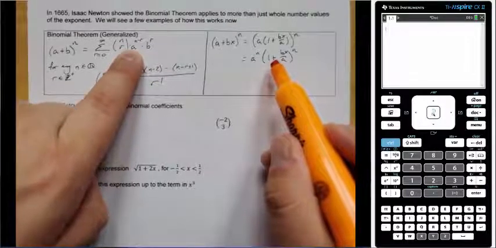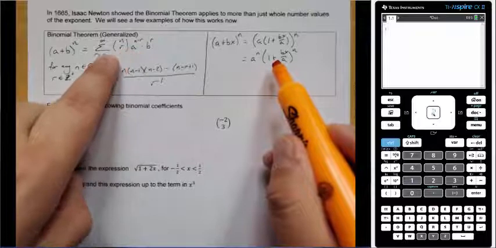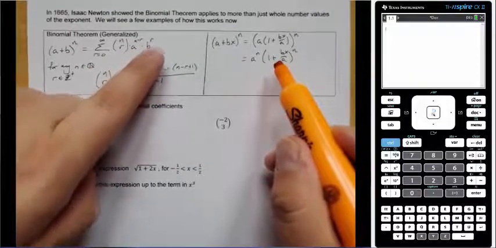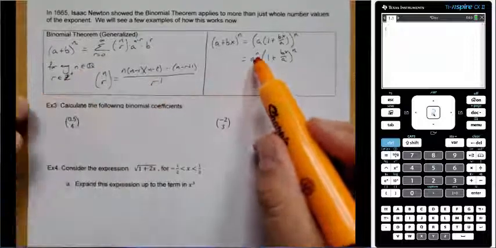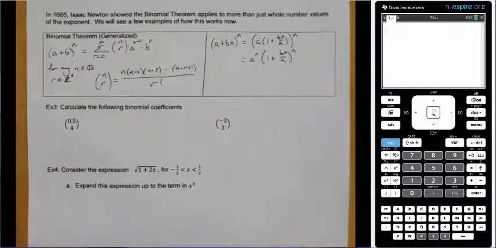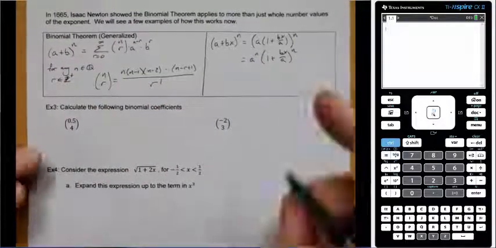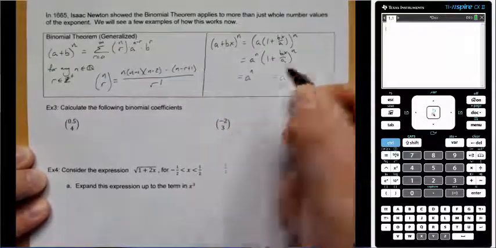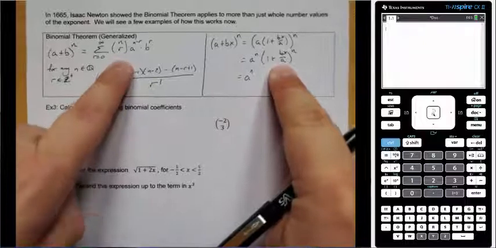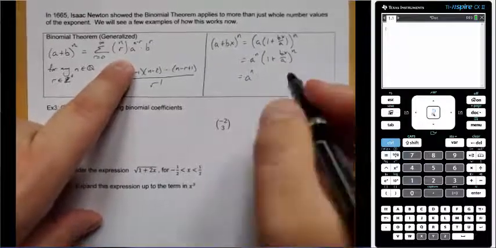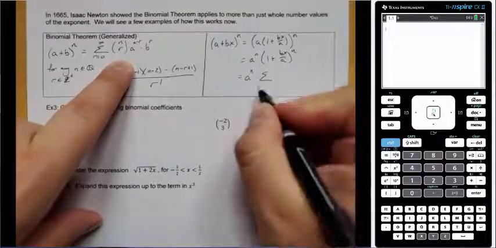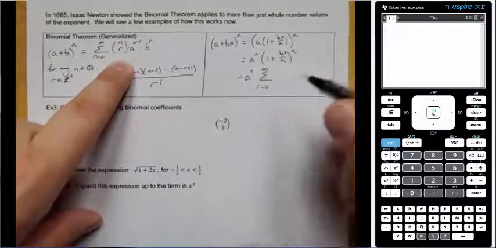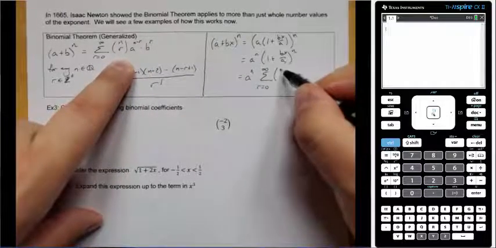So this makes the writing of the sigma notation and the individual terms a little bit easier, by factoring out this a to the n power, which lets me rewrite this as a to the n times, and I'm going to write this using the sigma notation here, sigma r equals 0 to infinity of now n choose r.